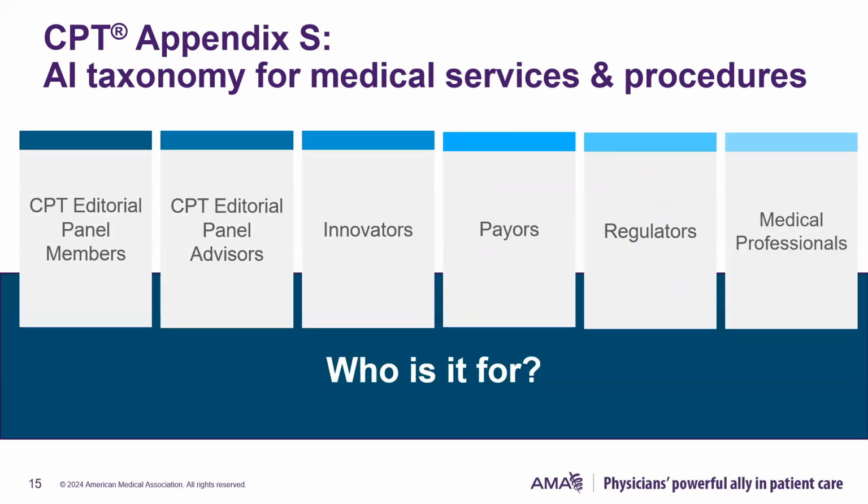The AI taxonomy was created to assist CPT stakeholders, including innovators, payers, regulators, medical professionals, and patient organizations, in the development of CPT code change applications for novel AI products and services. In addition, it was created to serve as a resource for both CPT stakeholders and CPT editorial panel members to foster a shared understanding of the various levels of AI services and how they can be differentiated within the code set.